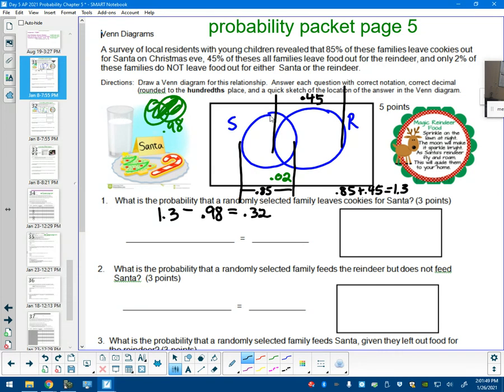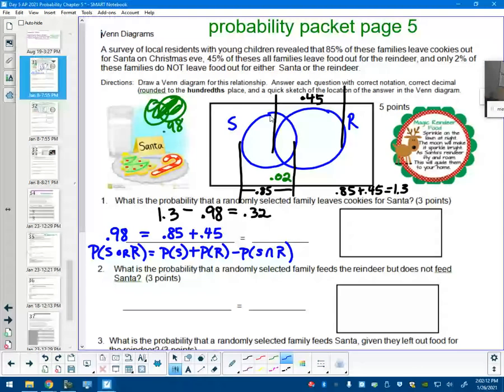The other way to think of this is to use that or. The probability of Santa or the reindeer is the probability of Santa plus the probability of reindeer minus the probability of Santa and reindeer. We just figured out that this was 0.98. We figured out that Santa was 0.85 and reindeer were 0.45. So the minus has to be 0.32 because you can solve the equation.